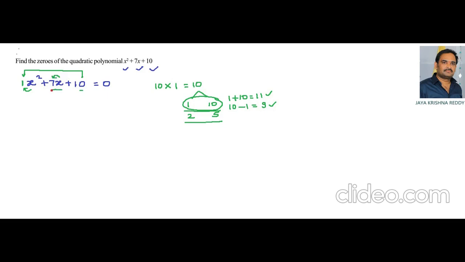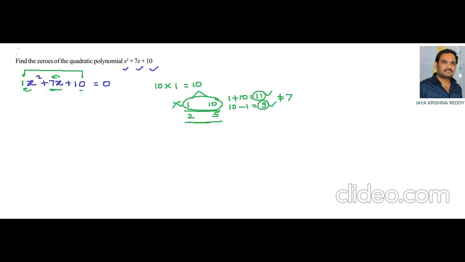The coefficient of x is given here as 7. By adding you are getting 11, by subtracting you are getting 9, but we didn't get 7, so you should not take this pair.